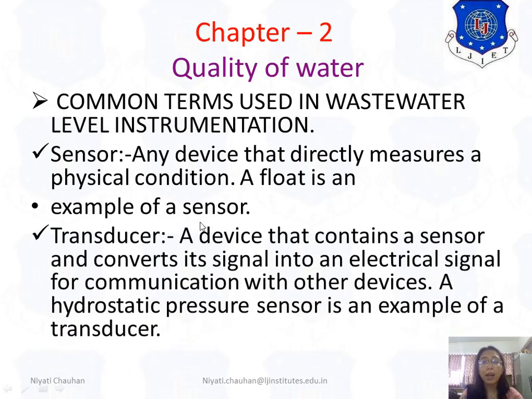Number 2, transducer. A device that contains a sensor and converts its signal into an electrical signal for communication with other devices. A hydrostatic pressure sensor is an example of a transducer.